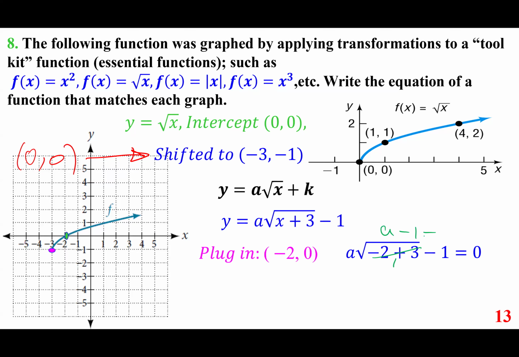So a minus 1 is 0, a equals 1. So if a equals 1, we get y equals square root of x plus 3 minus 1, which means this one has been shifted to the left by 3 units, so it made it square root of x plus 3, down by 1, so minus 1. That's how you come up with that answer.